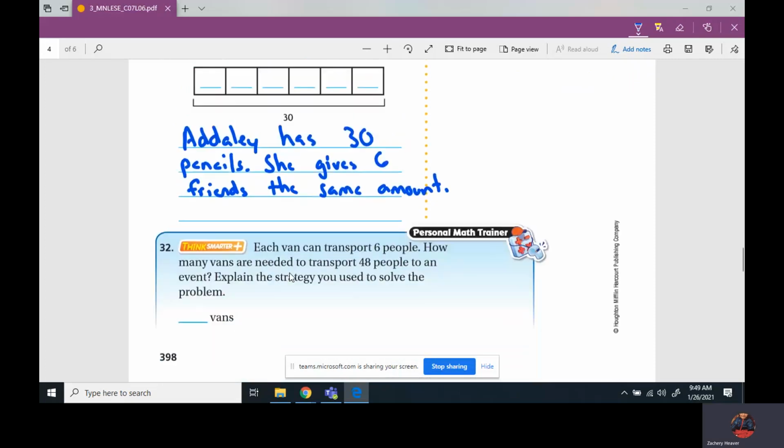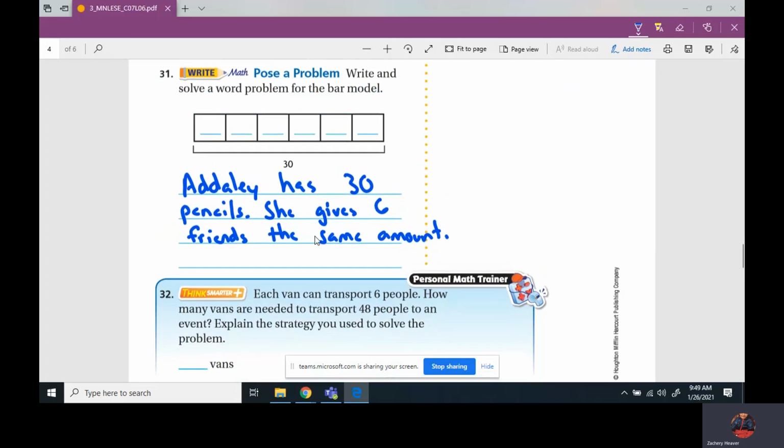So she gives 6 friends the same amount. How many does each friend get? Hold on. Write this down first. How many does each get?